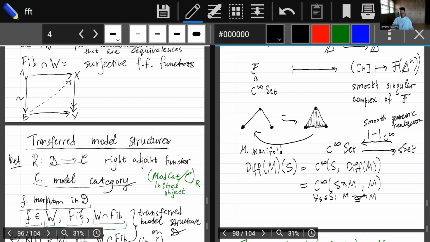So this encodes the diffeomorphism group as a smooth set, in fact, a smooth group, because it also has a group structure.